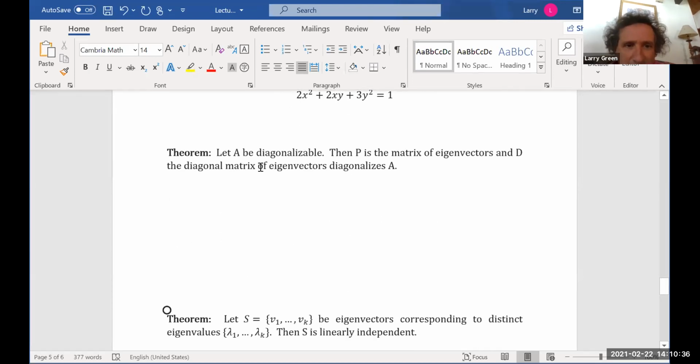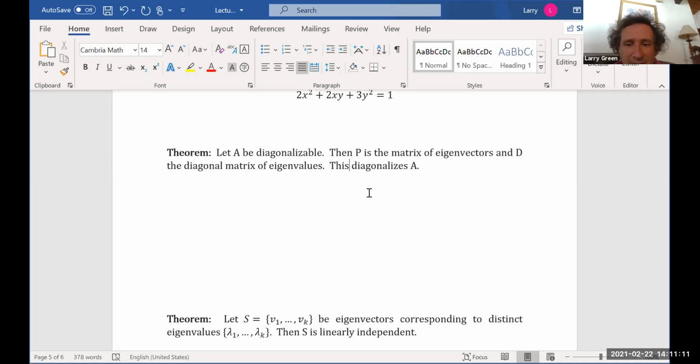Let A be diagonalizable, then P is the matrix of eigenvectors, and D is the matrix of eigenvalues. This diagonalizes A. So that's a big deal.